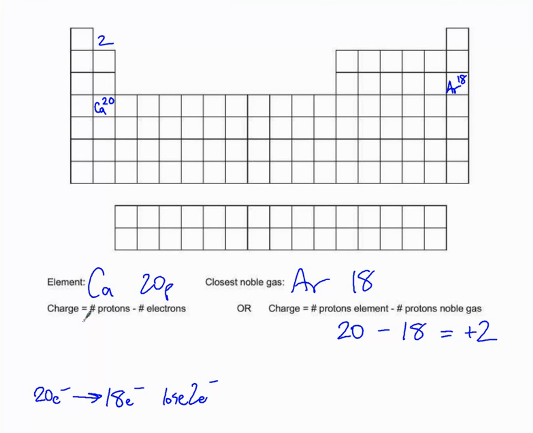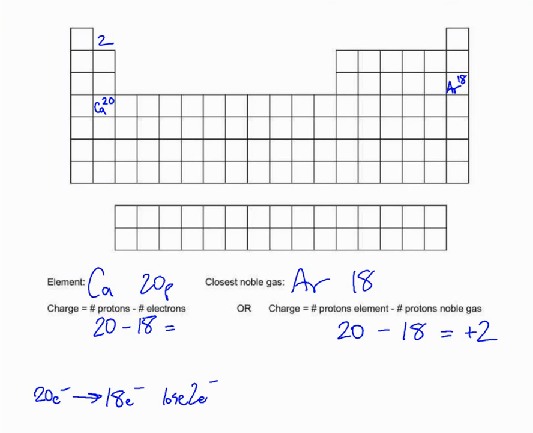So putting the numbers here, number of protons is 20. That number is never going to change. Minus the number of electrons of the ion, which is 18, and that's going to be, again, positive 2.